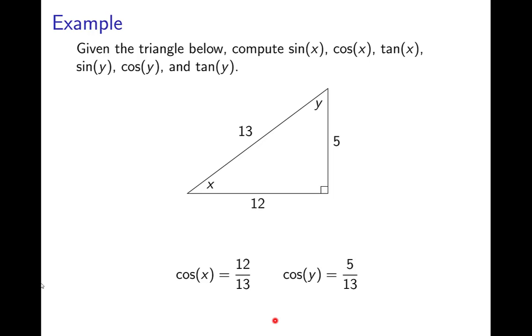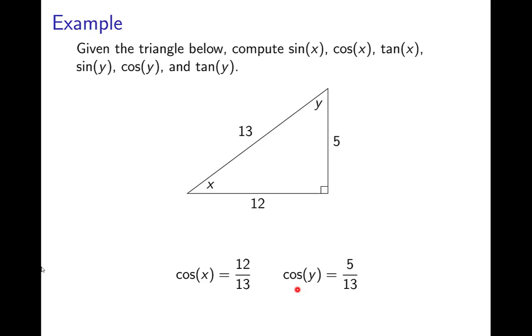Next, to compute the cosine of x, we remember the CAH part of SOHCAHTOA, adjacent over hypotenuse. The adjacent side to x has length 12, and the hypotenuse has length 13. Hence, the cosine of x equals 12/13.